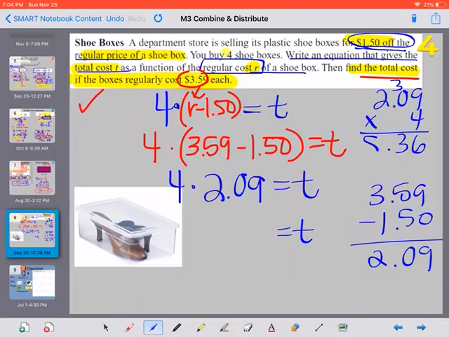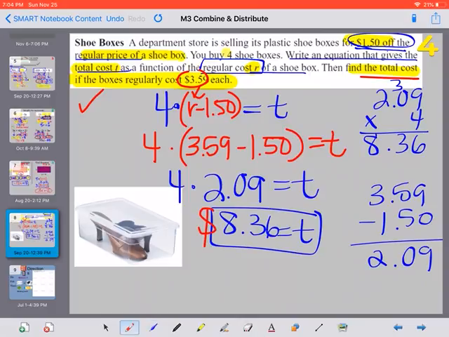And 4 times 2 is 8. So $8.36. You can put a dollar sign on there. These shoe boxes cost a little bit more because they're the nice plastic ones to keep your shoes nice and safe. A lot of people don't use them. I don't know many people that do. But for all 4 of them, it would cost you $8.36.